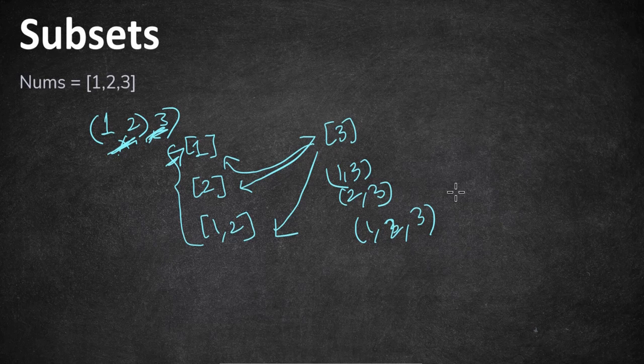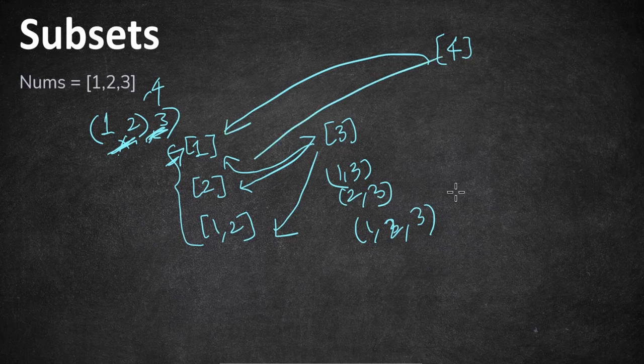Suppose we have one more element, 4, in the given input array. That means we should add 4 alone, because 4 alone will form a separate subset, and then we have to combine it with all existing sets, because we have the set of subsets which we could possibly form till 1 comma 2 comma 3.